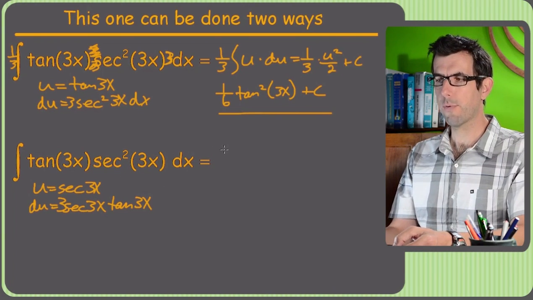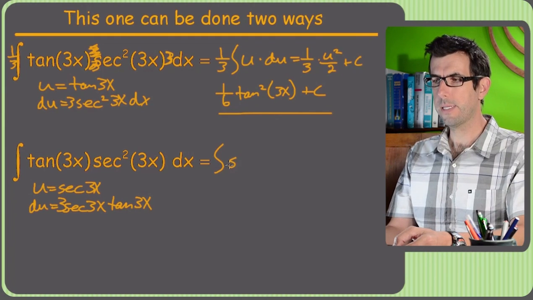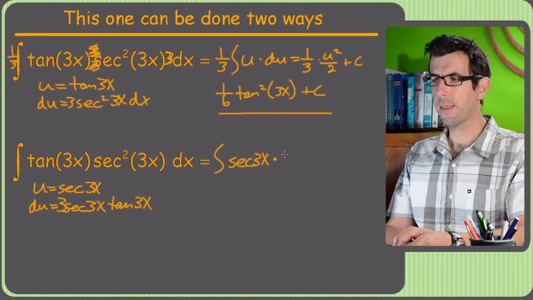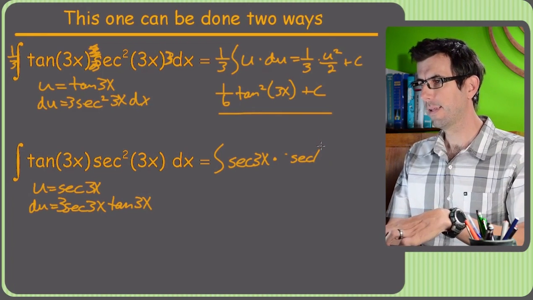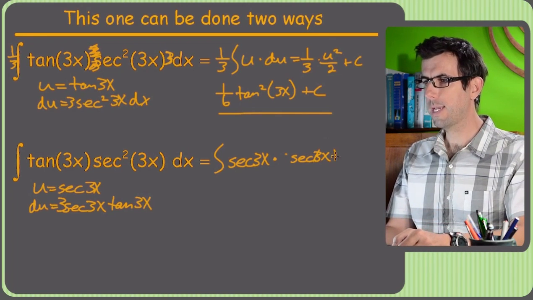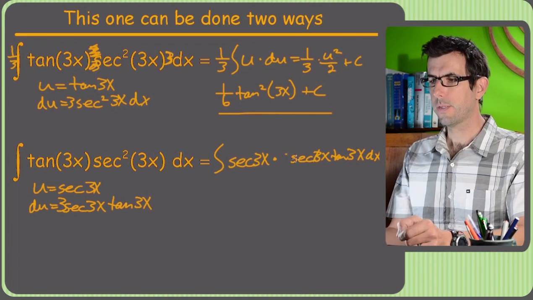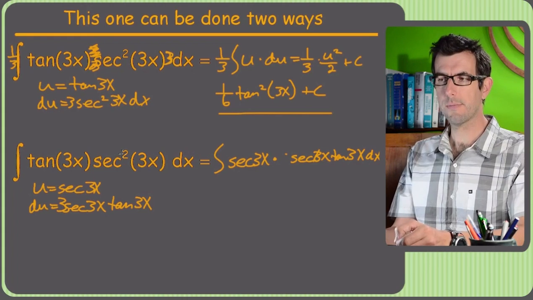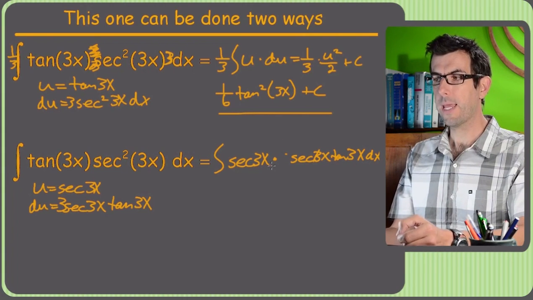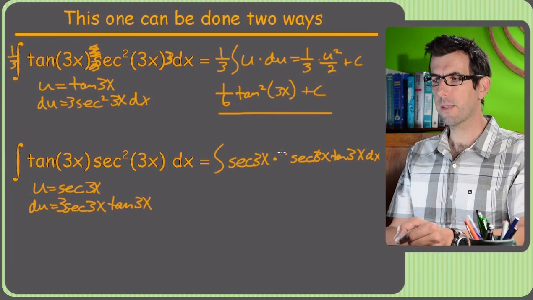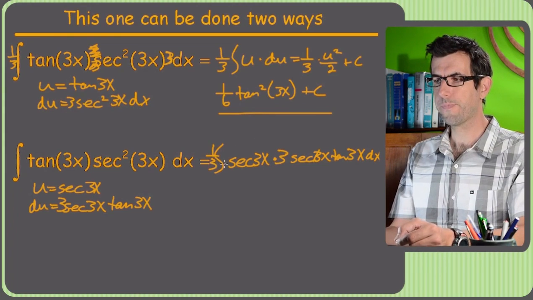So what I'll do is I'll rewrite this as secant of 3x, and then I'll multiply that by secant of 3x tan 3x dx. So you can see now I still have two secants, so that's the same as secant squared, and I have a tangent still, so I didn't get rid of anything. And now all I need is a 3 and a 1/3.